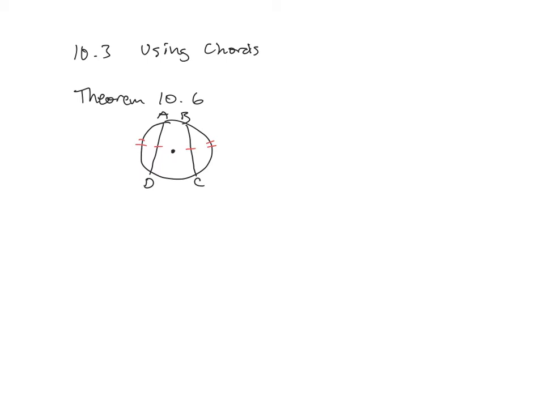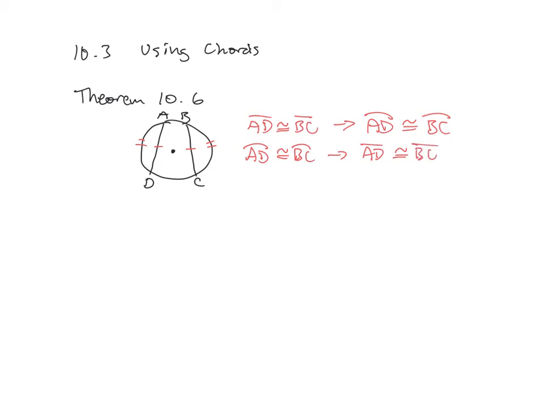Okay, so if you start with AD congruent to BC, then arc AD is congruent to arc BC. If you had arc AD congruent to arc BC, then the chord AD is congruent to the chord BC. So back and forth.